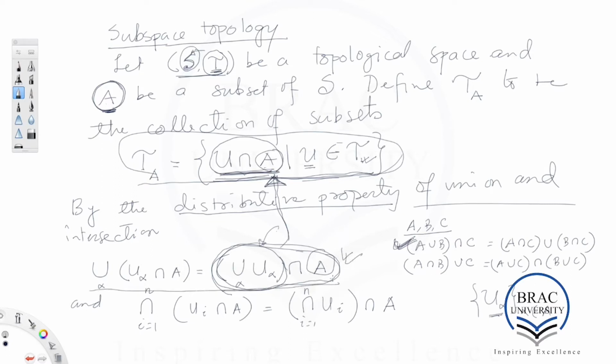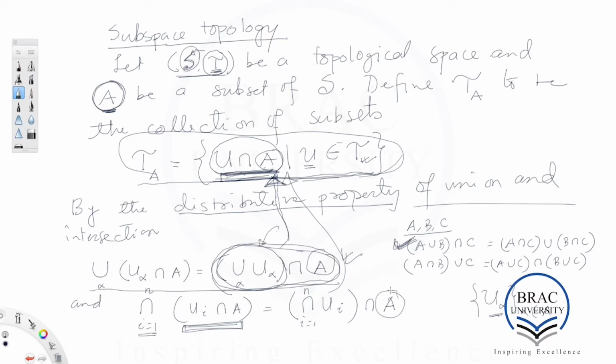Now, if we have a finite collection of elements like this that we have written down here, the intersection of such a finite collection is again in this form.